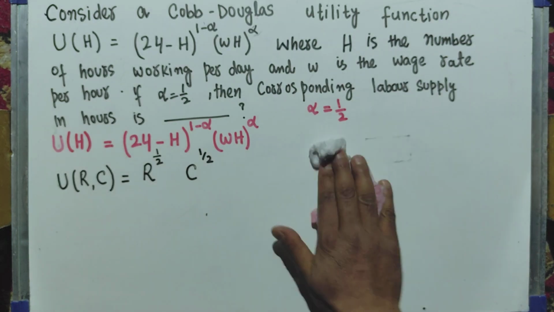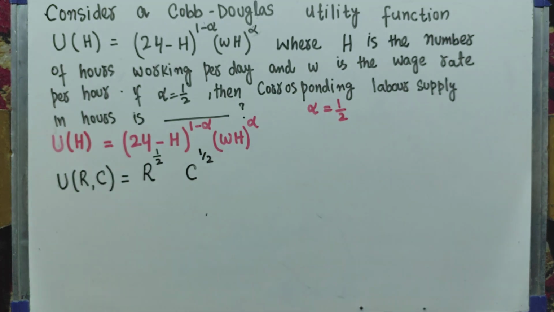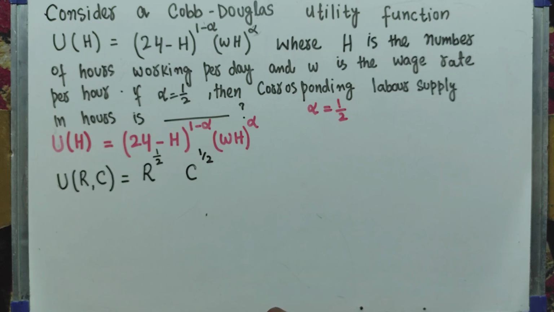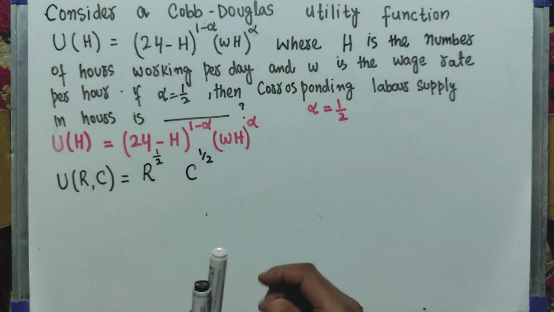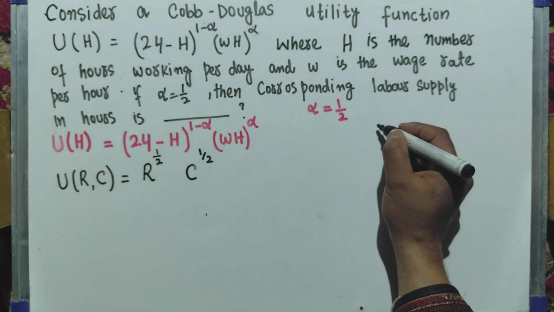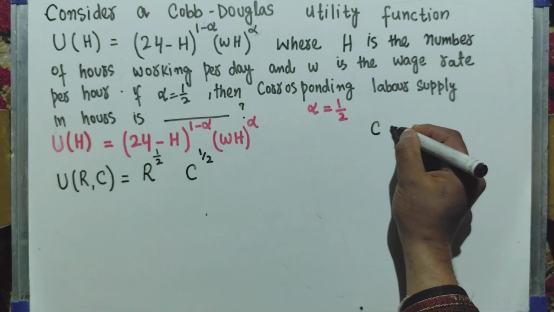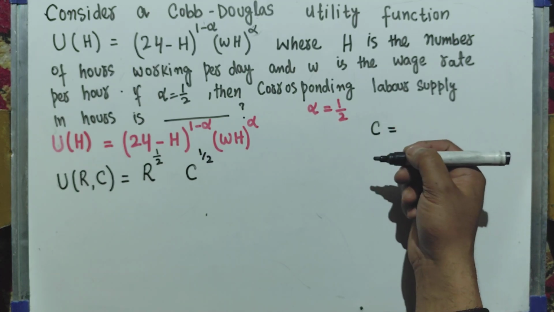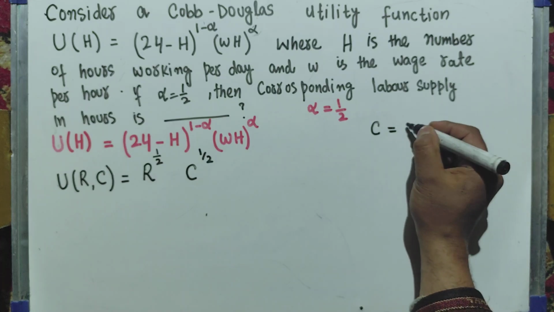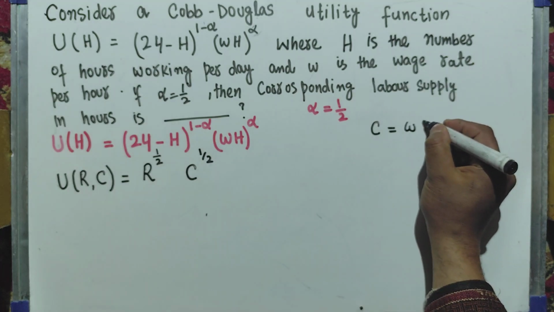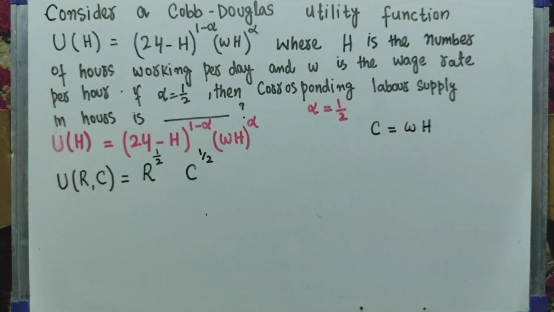Having said that, what is the endeavor of the consumer? The consumer wants to maximize his utility, but he is facing some constraints. So what is the constraint? As I told you, consumption spending of the person will be equal to the total income. What is the total income of the consumer? That is the wage rate that he is getting times the number of hours he is working.